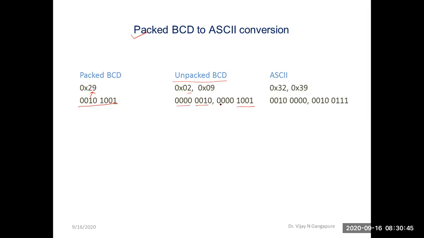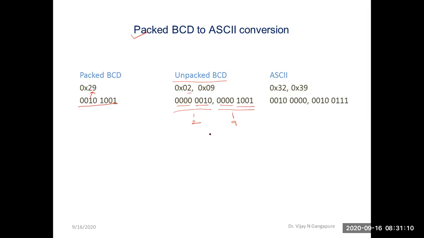The upper 4 bits are vacant here. So this is the unpacked BCD representation of two BCD numbers, 2 and 9. This is one unpacked BCD number, this is another, representing decimal 2 and decimal 9.